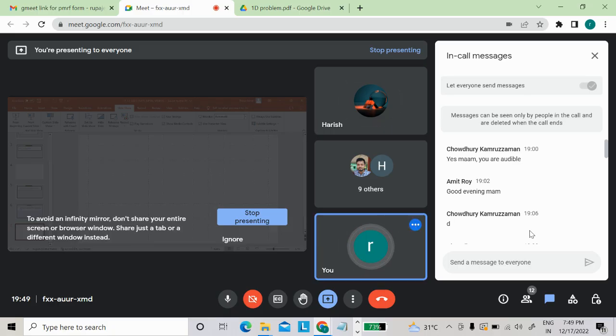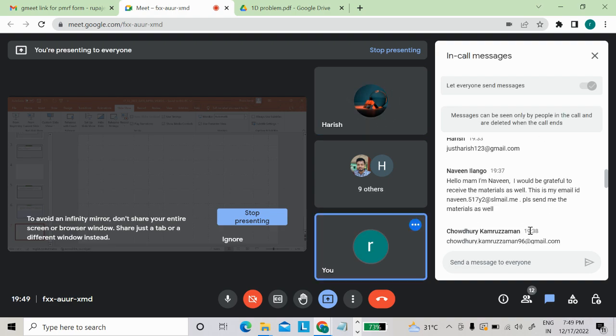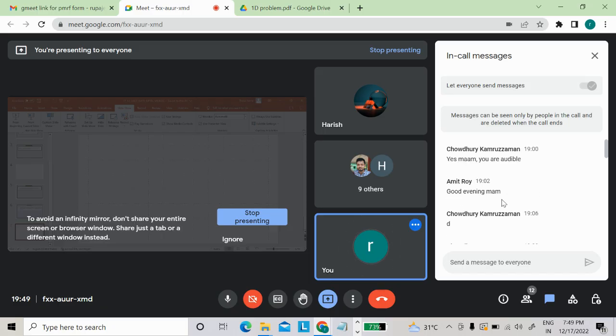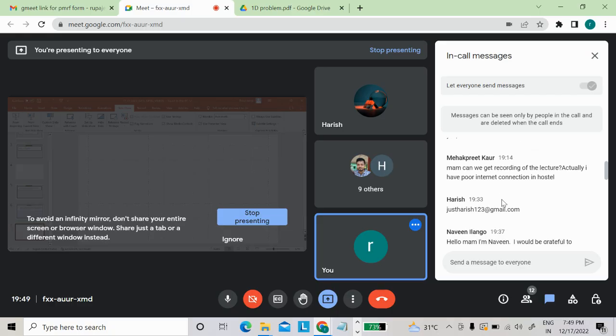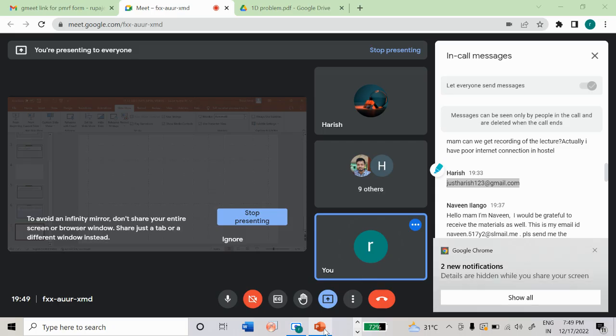If you are interested, yes. Okay. There is one mail ID, just Harish.